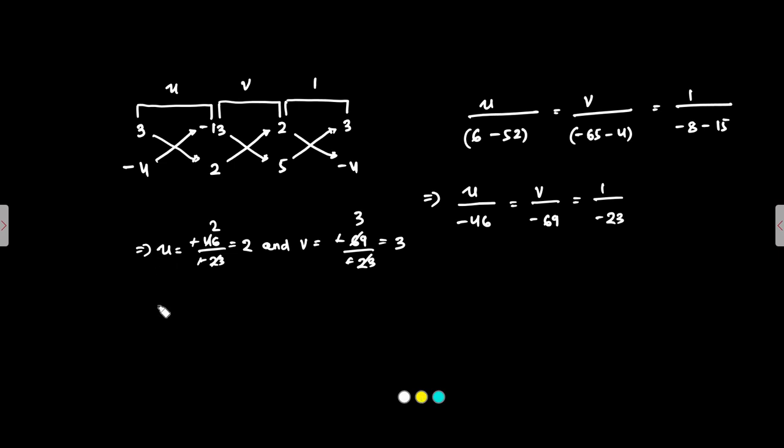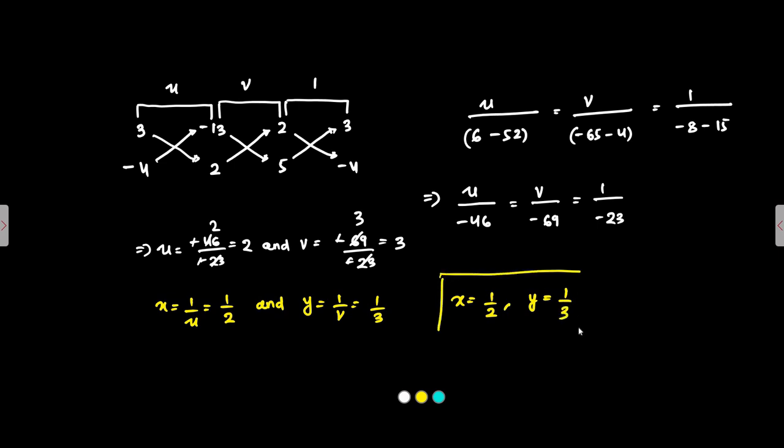So here x is equal to 1 by u, which is equal to 1 by 2, and y is equal to 1 by v, which is equal to 1 by 3. Okay, x is equal to 1 by 2, y is equal to 1 by 3.